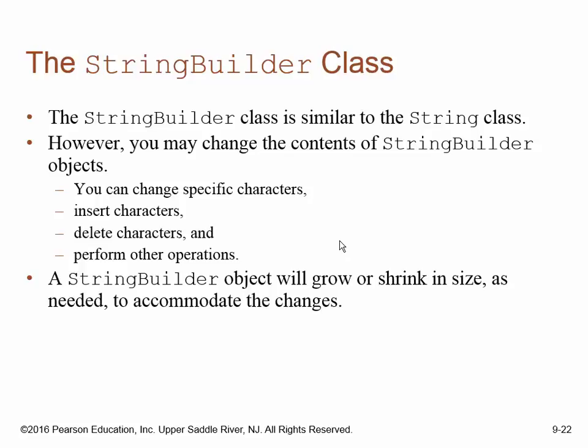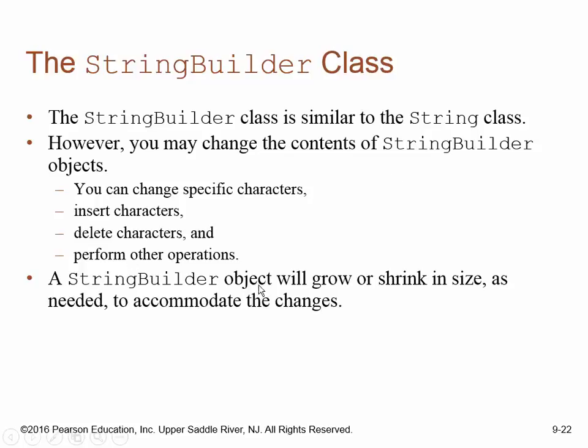Then I might have a StringBuilder where I put together the first name, the middle name, and the last name. Then I would take that StringBuilder and copy it when it was all done over to another string that would represent the entire name.